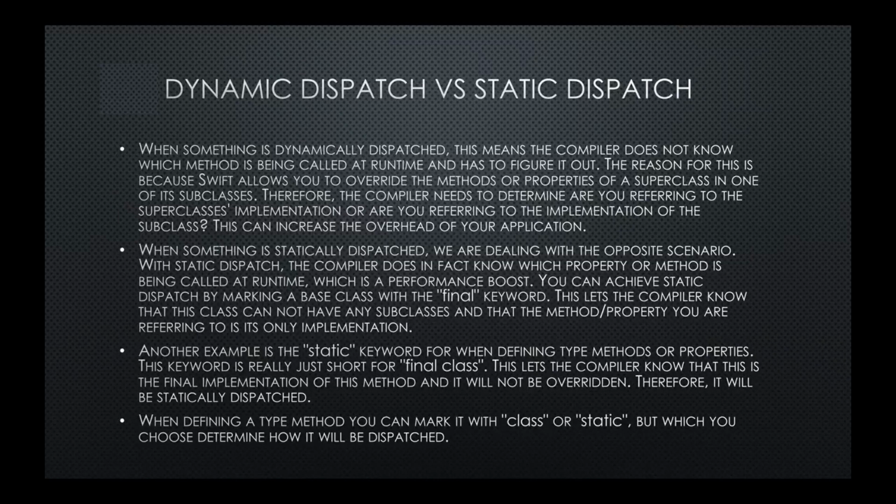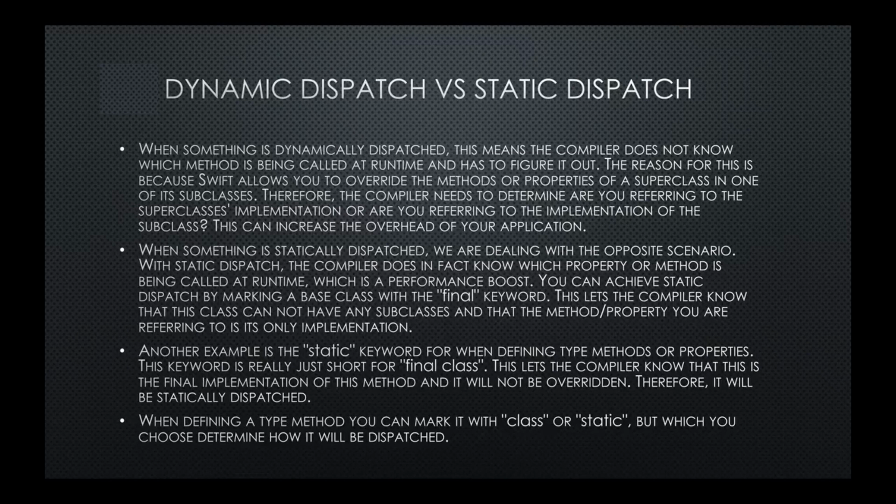Another example is the static keyword, used when defining type methods or properties. This keyword is really just short for final class, actually. It lets the compiler know that this is the final implementation of the method and it will not be overridden. If it is not being overridden, it can be dispatched statically.